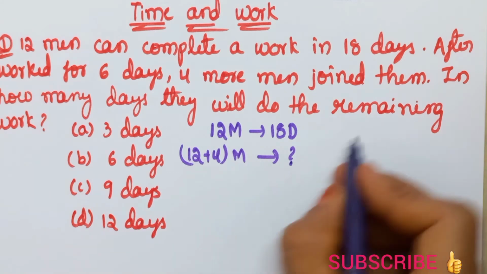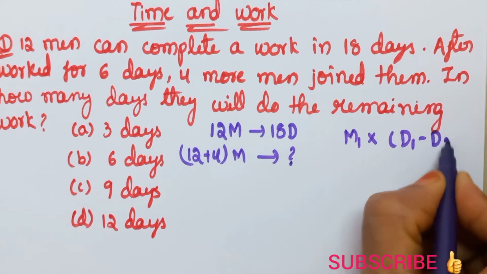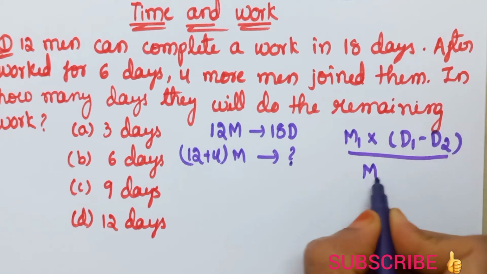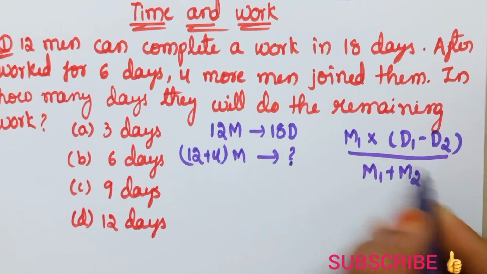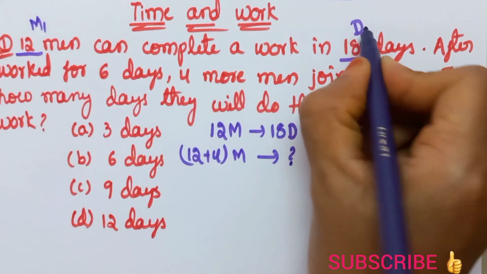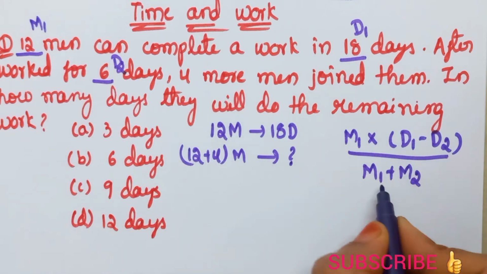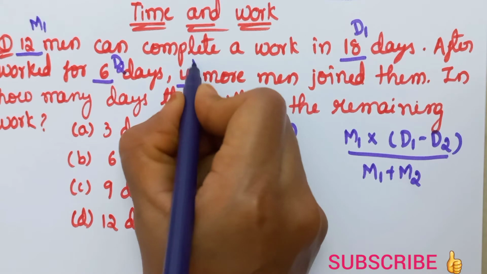So the shortcut here we can apply is m1 into (d1 minus d2) by (m1 plus m2). So m1 is 12, d1 is the number of days, that is 18, and 6 is d2, and the number of persons added is m2.